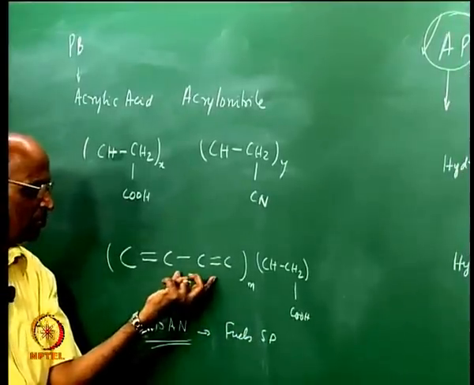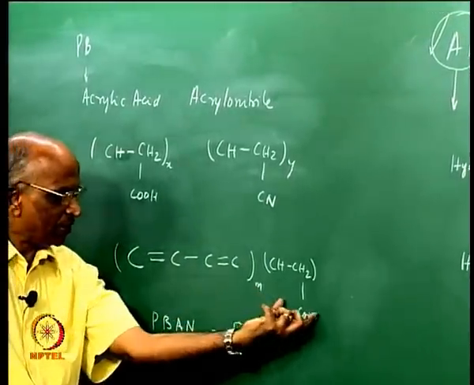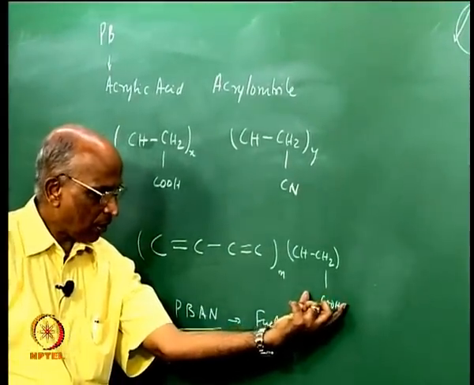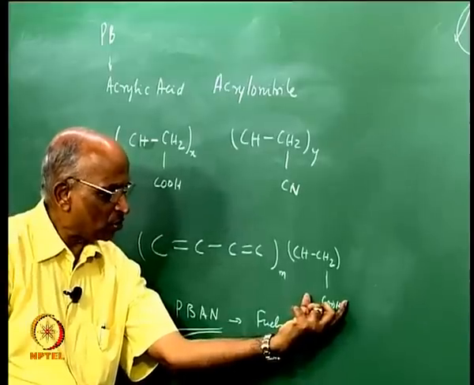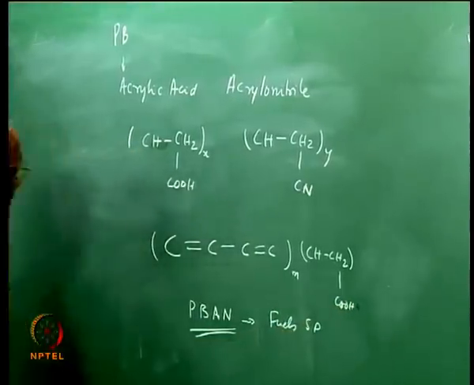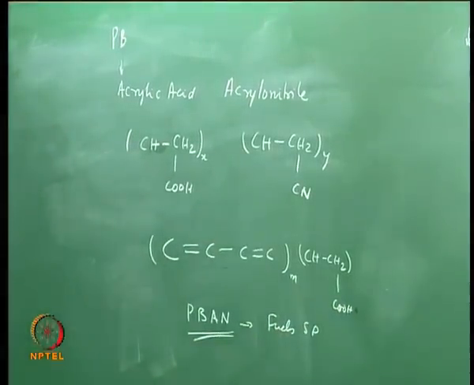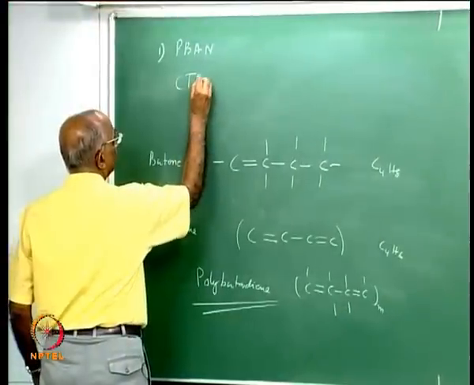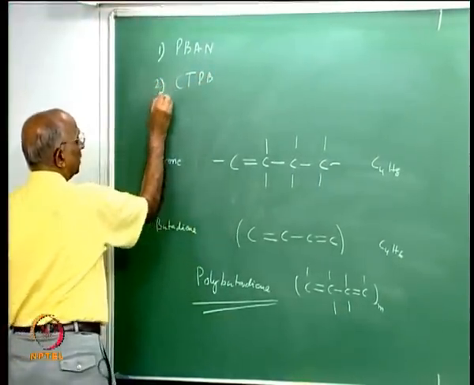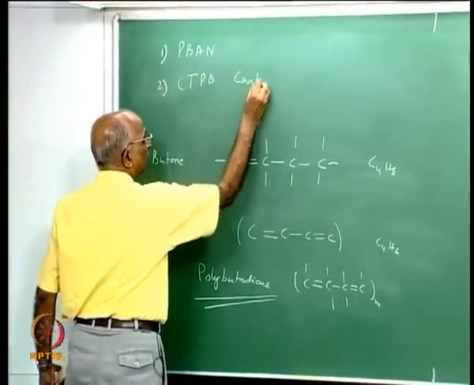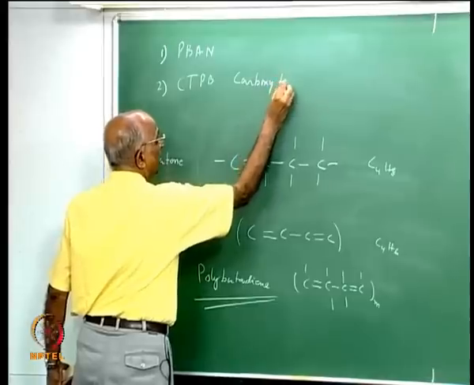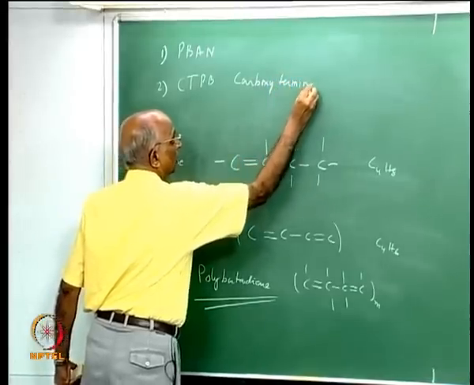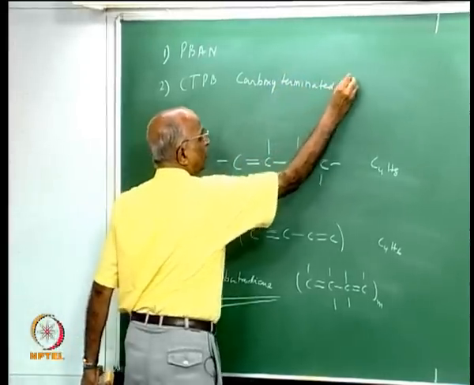That means I terminate the polybutadiene with a carboxylic acid type of situation, and this is known as CTPB. That means carboxy terminated polybutadiene.